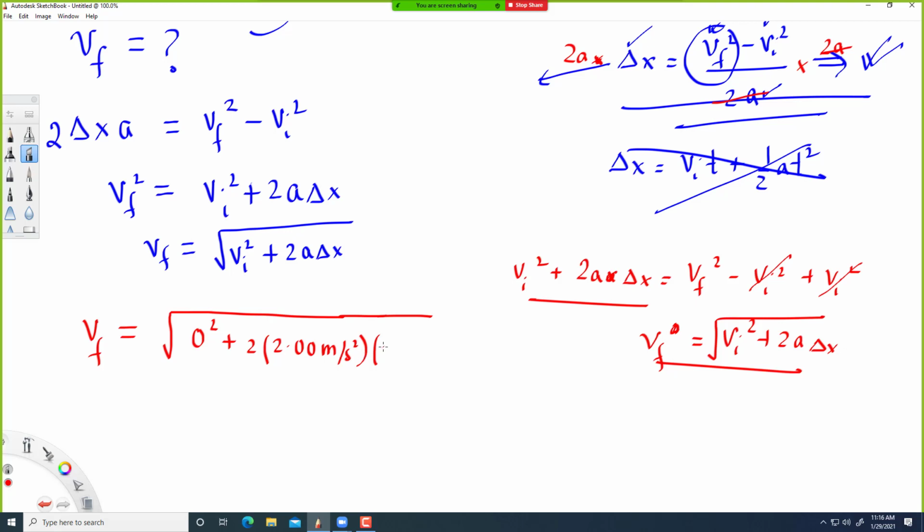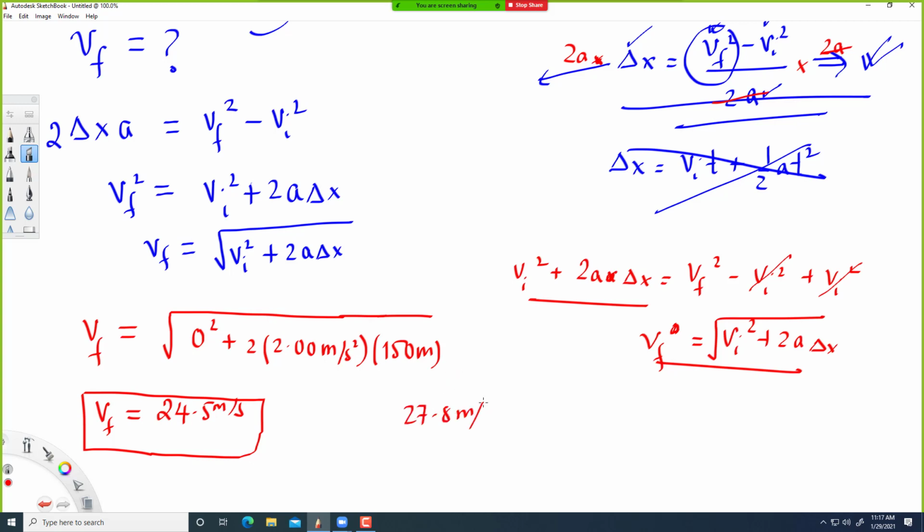So it will, 150 meters. So do the calculation. You'll get 24.5 meters per second. Okay, and now you compare this with the proposed speed, which is 27.8 meters per second.